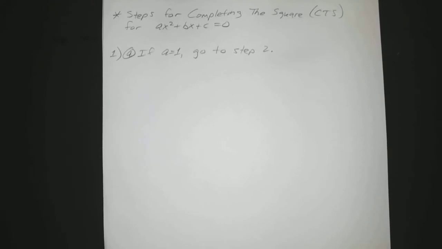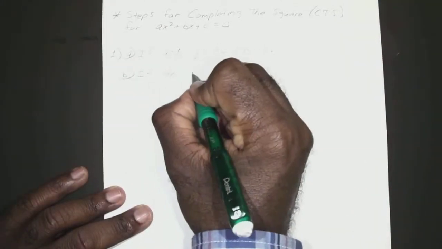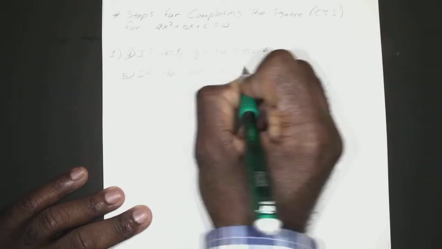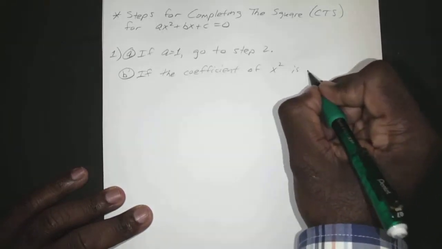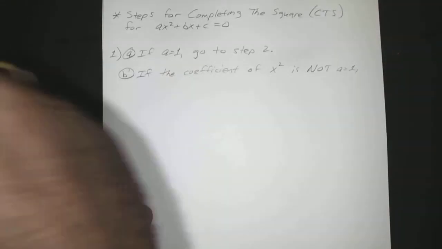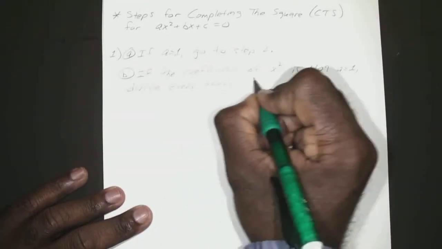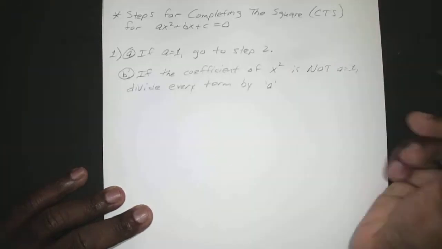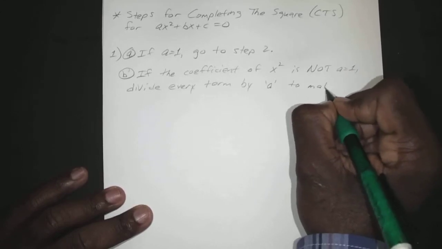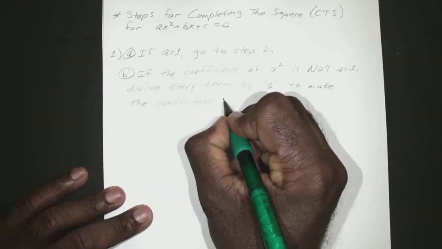Okay, so if a is not equal to 1, you want to divide every term by whatever that a is to make the coefficient of x squared equal 1.